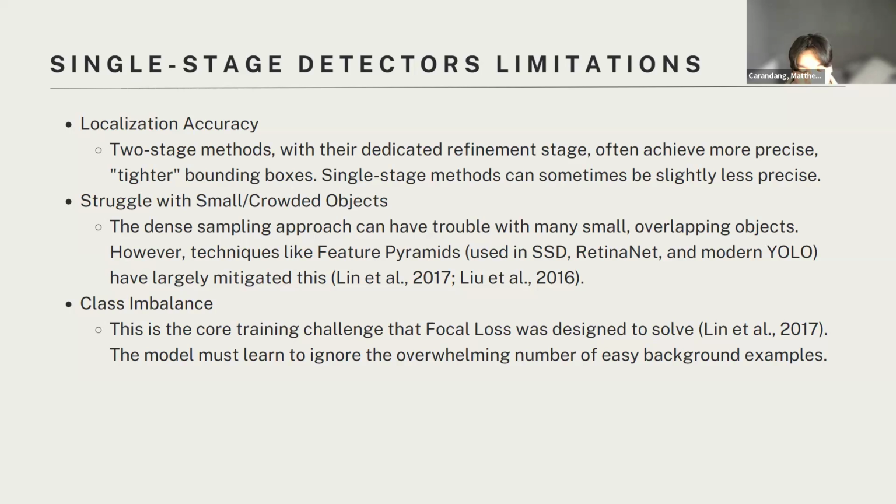So the network can be overwhelmed by all the negative examples. Another solution that was proposed for this was the focal loss function, introduced in the 2017 RetinaNet paper, which forced the model to focus on hard-to-classify examples.